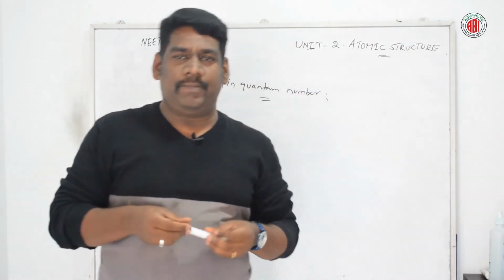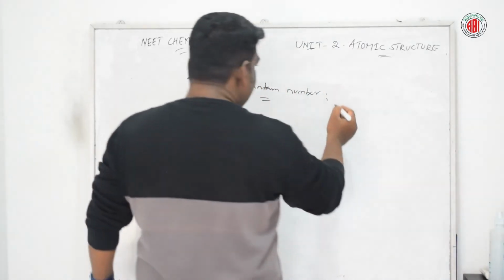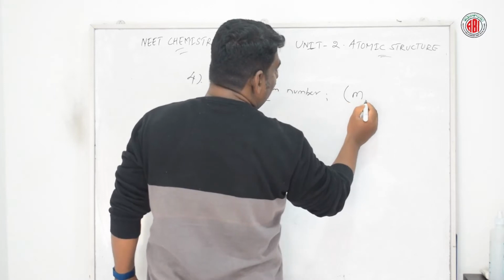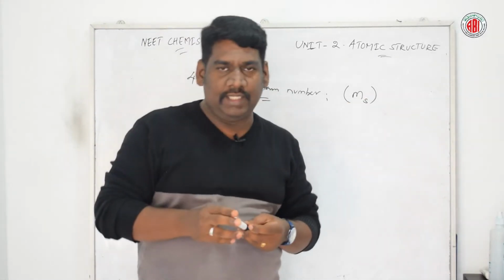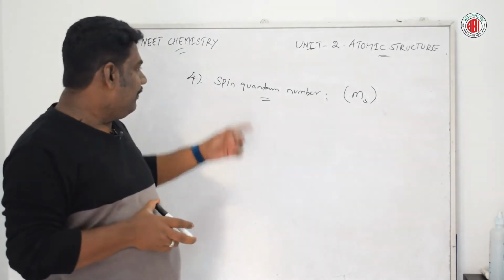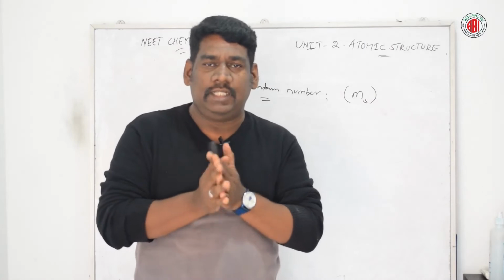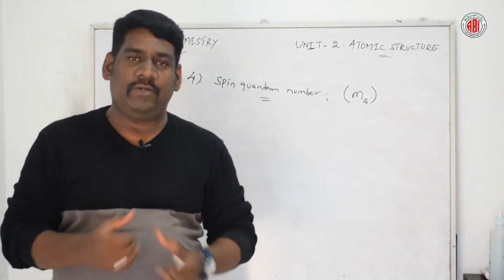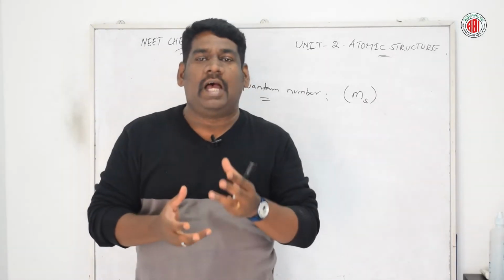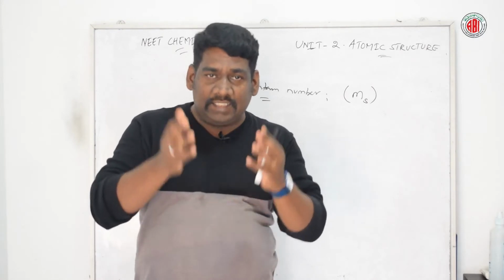The spin quantum number is denoted by the letter small m and s, which is the symbol for the spin quantum number. It is observed that the electron in an atom is not only revolving around the nucleus, but is also spinning around its own axis.